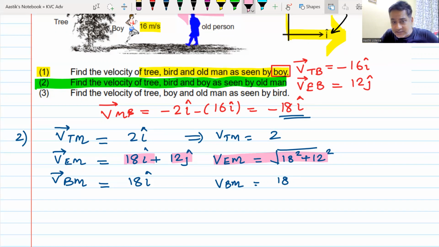Remember, nothing has changed, whether it is motion in 1D, motion in 2D, or motion in any D. The concept of relative motion remains same, and you must understand that from the first day we have been studying relative motion. The only thing was we were studying all the motion with respect to ground, because ground frame was good enough to solve this. Can I move on to the next question?